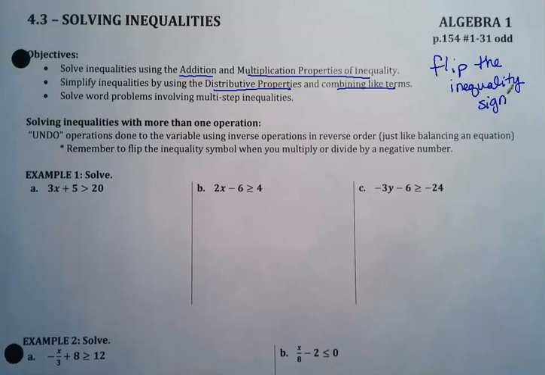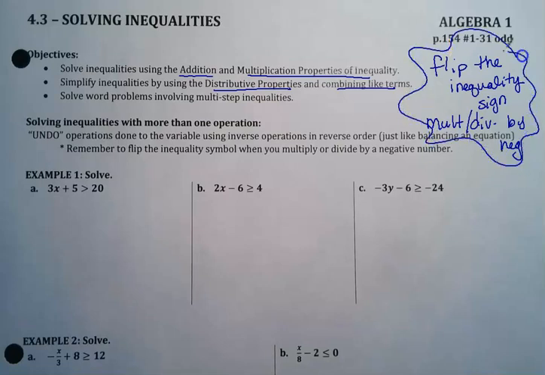When you multiply or divide by a negative number, right? So multiply or divide by a negative number. Okay, this is going to be huge for you to remember and apply. That's the biggest difference between equations and inequalities, pardon me.